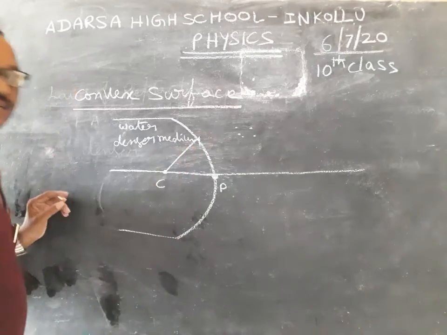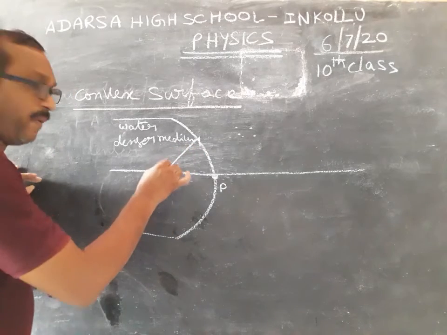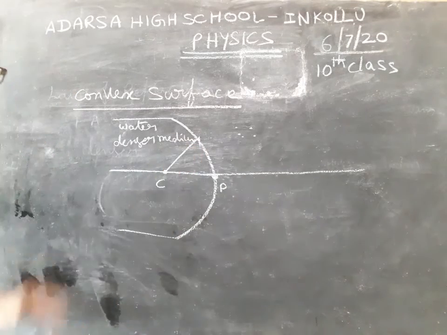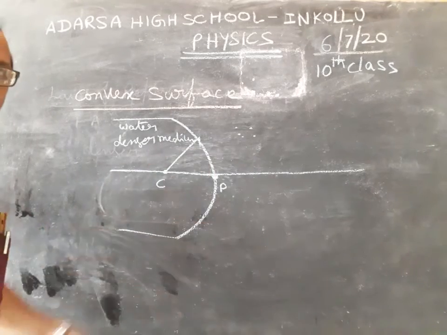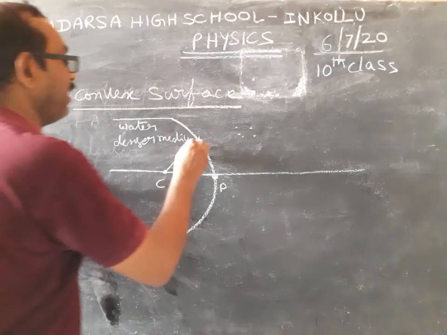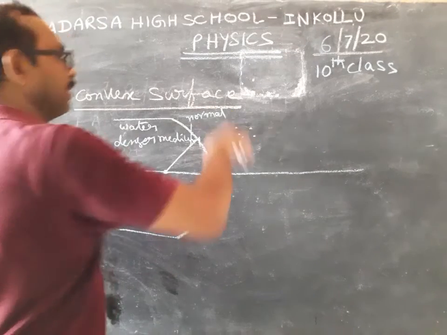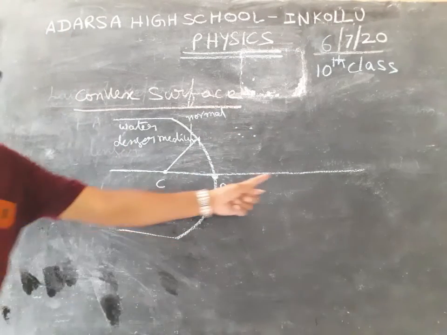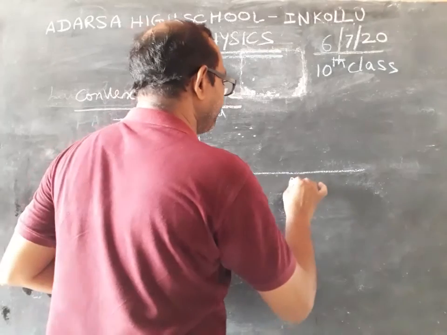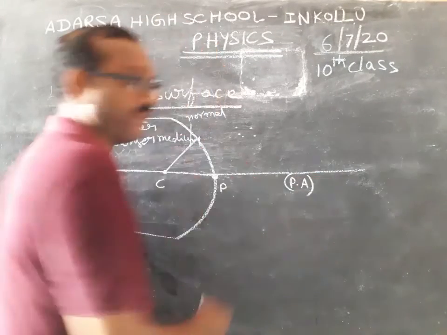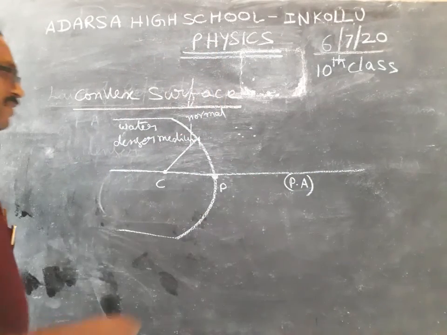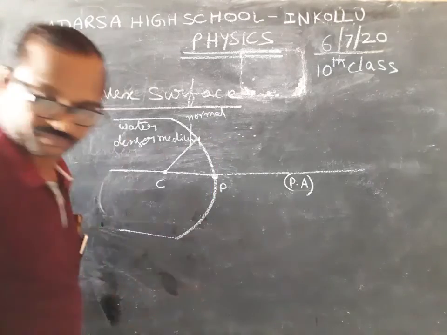A line passing from center of curvature to the surface of the curved surface is known as the normal. This is the PA, principal axis.